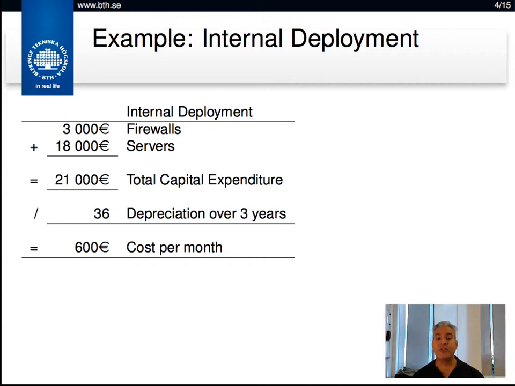If we then just look at the servers and the firewalls, count with the depreciation over 3 years, we get to a cost, in this case, at €600 per month. Which may seem expensive, but server hardware is more expensive than your regular desktop machine for reasons.